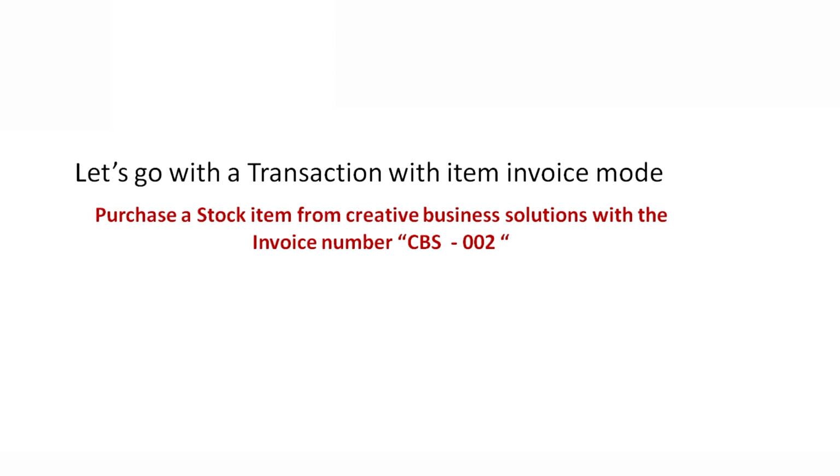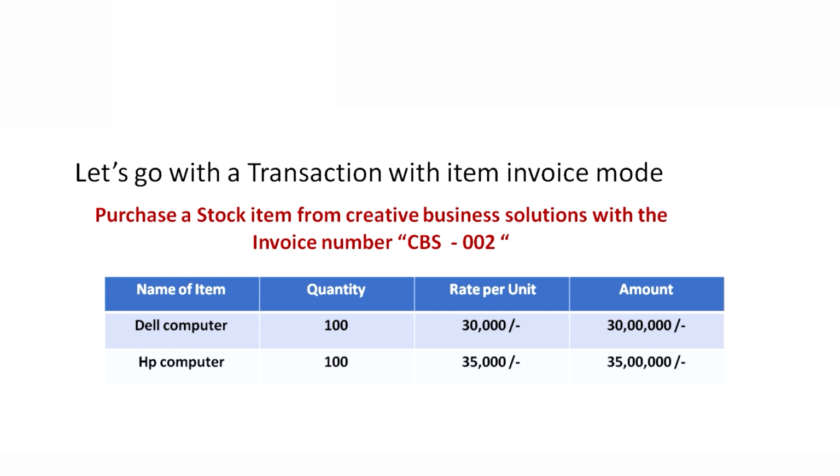So we'll see what stock items we have purchased. We are going to purchase Dell computers, 100 numbers, and each computer is 30,000 rupees, and also we purchase HP computers of 100 quantity at a rate per unit of 35,000.